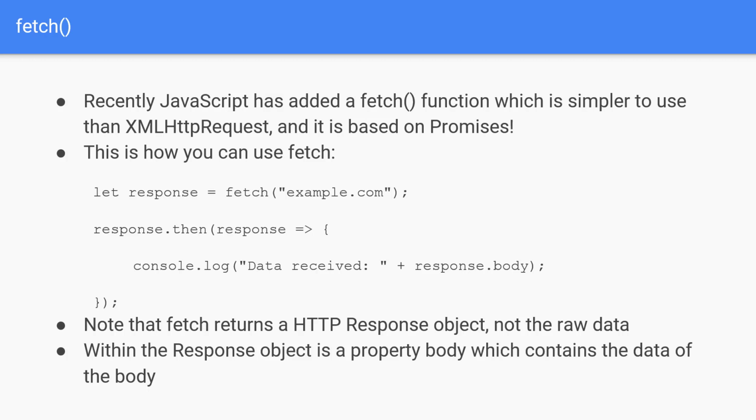So using the .then syntax and passing a function that will respond as the positive return response, as in the promise has been resolved, will then allow us to console log out some data of that response. Note that fetch returns a HTTP response object and not the raw data. So within the response object is a property of body which contains all of the data of the body of the web page.